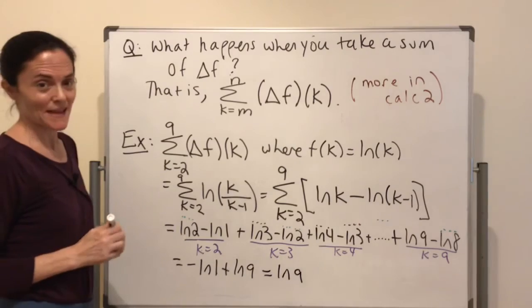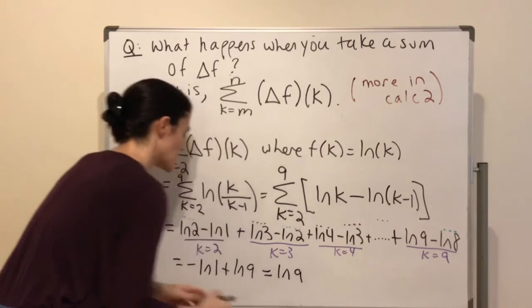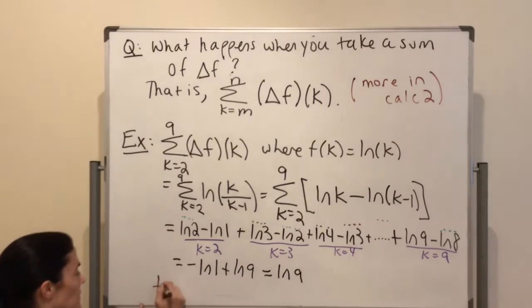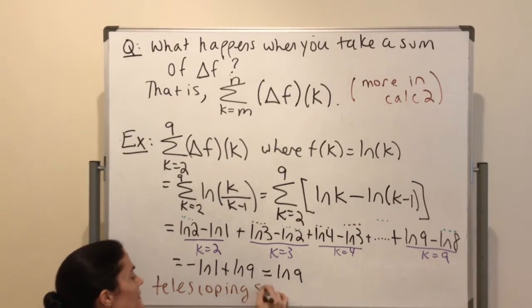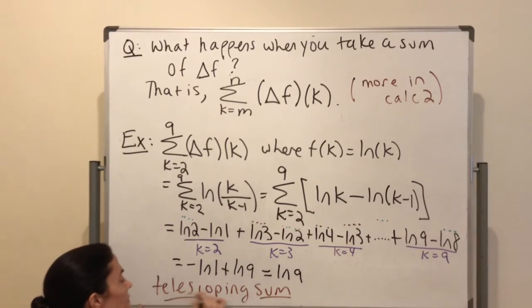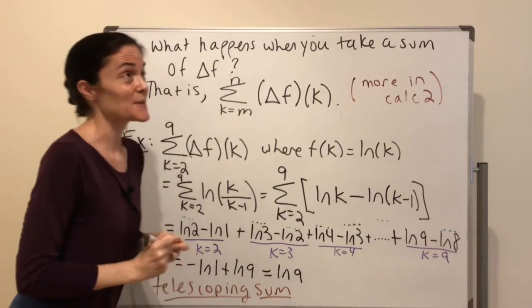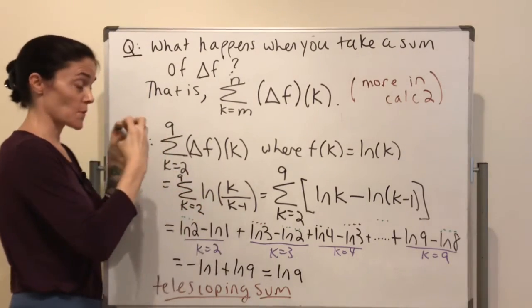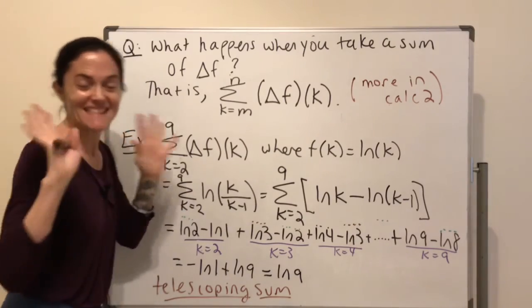This is something called a telescoping sum. Maybe I'll write that underneath. And it gets its name from these old-fashioned telescopes where you stretch it out and then you can push it back in. At least I think so.